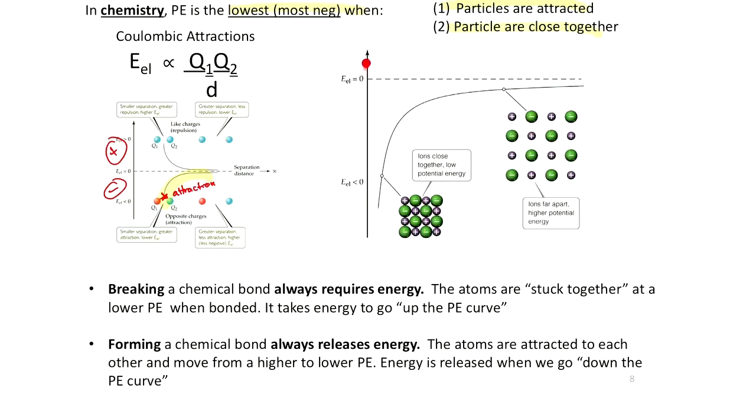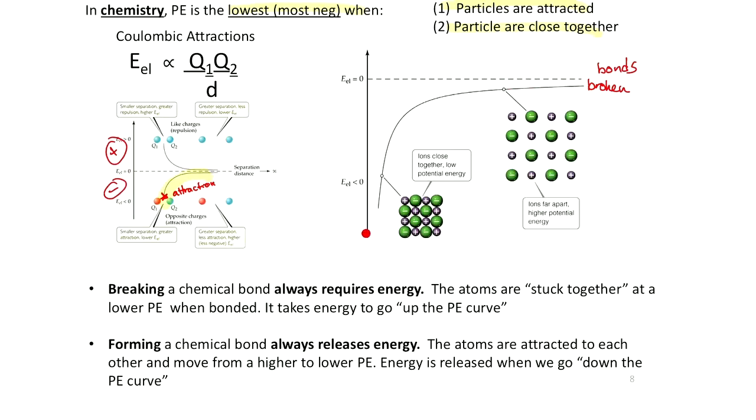So this graph over here is actually the same thing as the bottom graph of our Coulombic attractions. This graph is saying, okay, when bonds are broken, potential energy of that system actually approaches zero. When you break bonds, you're separating those atoms so far away from one another, they're no longer interacting with one another.